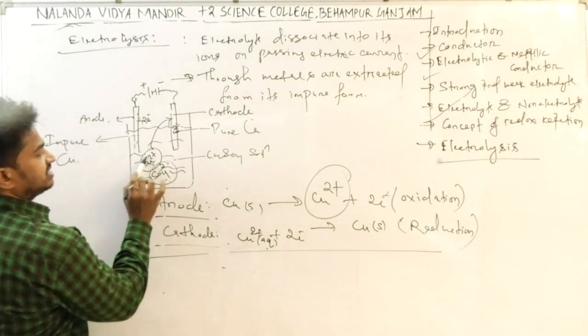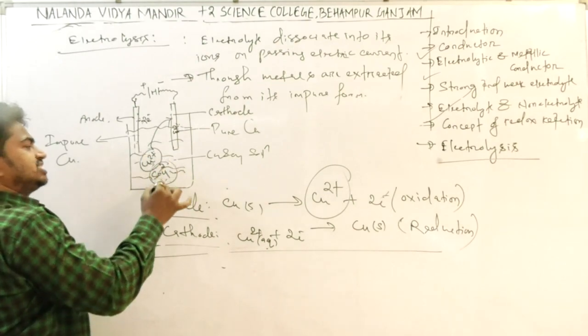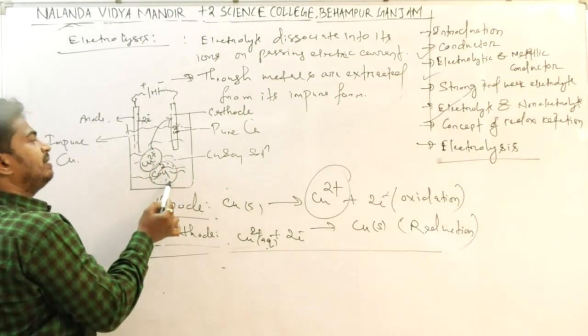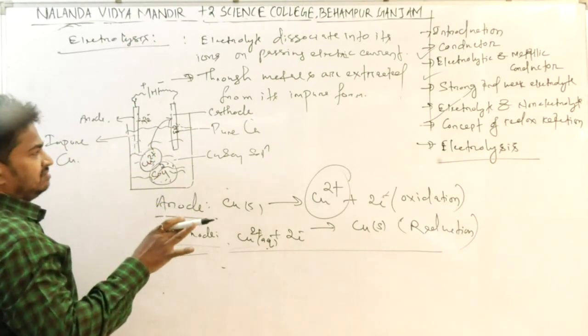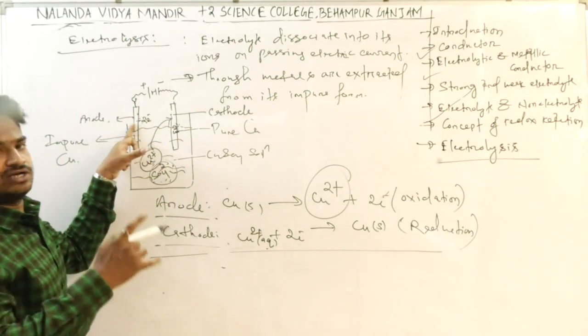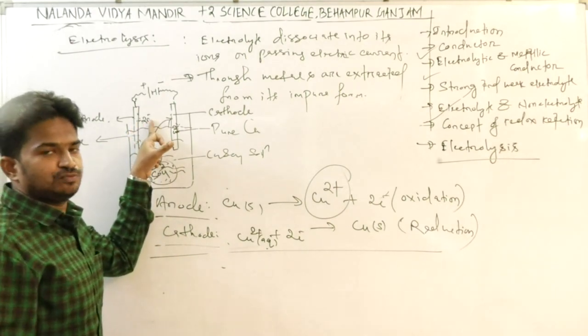Here the copper sulfate solution dissociates into Cu2+ and sulfate 2-. So sulfate 2- comes to the anode to make it neutral, because this electrode, by losing 2 electrons, becomes Cu2+ ions, meaning it has a positive charge.